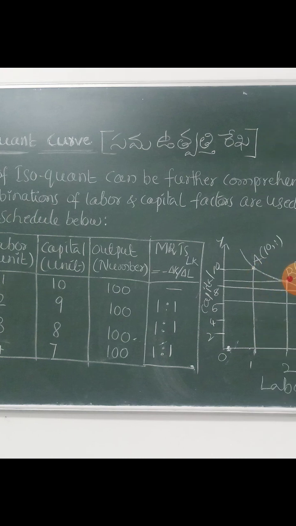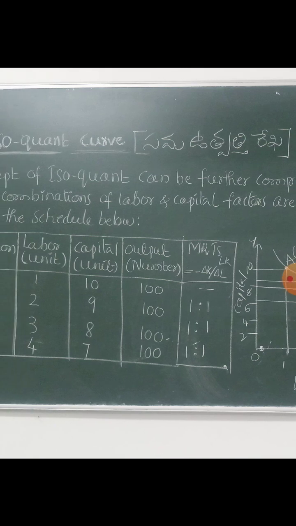That's why delta K by delta L; delta means change, how much capital is changed. It is 1, 1, 1, and labor is also 1, 1, 1, so 1 by 1 is equal to 1. We get the same marginal rate of technical substitution.